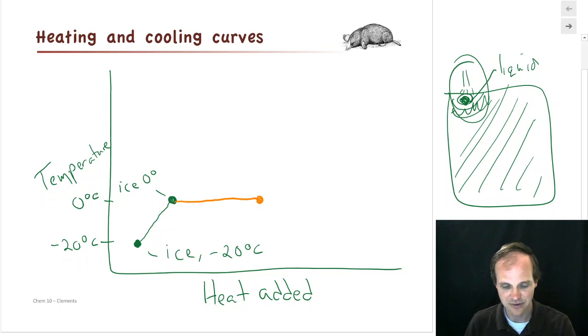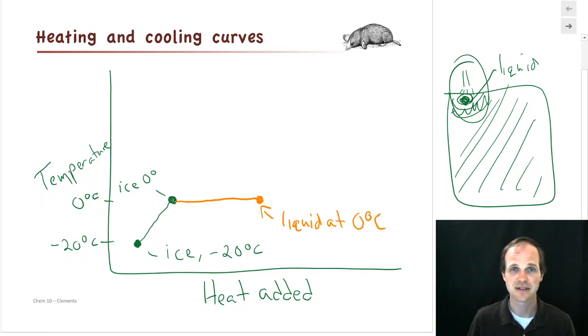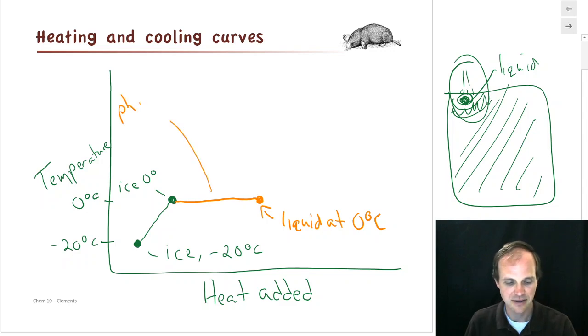Until I get to the point over here where I finally melted, just the last second I added just the last bit of heat, I've melted all my ice, and now I have a liquid at 0 degrees Celsius for just a moment. But the interesting thing that happens here is that a phase change occurs at a constant temperature.